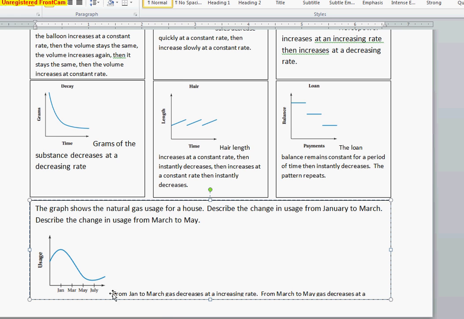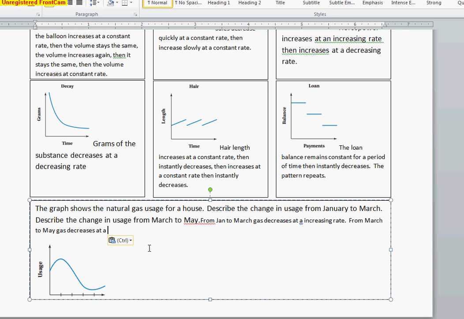So from January to March, gas decreases at an increasing rate, but then from March to May, it's decreasing at a decreasing rate because it's going to head back uphill at the following months. So those are the types of problems that you're going to see on tonight's homework. Good luck.